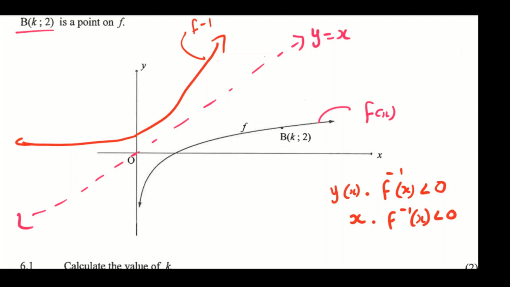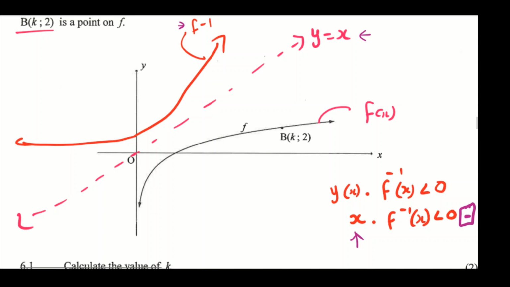So what this means is we are looking for a solution of y that is negative, right? So when you multiply the y value of y is equals to x and the y value of the inverse, you must get a solution that is negative.